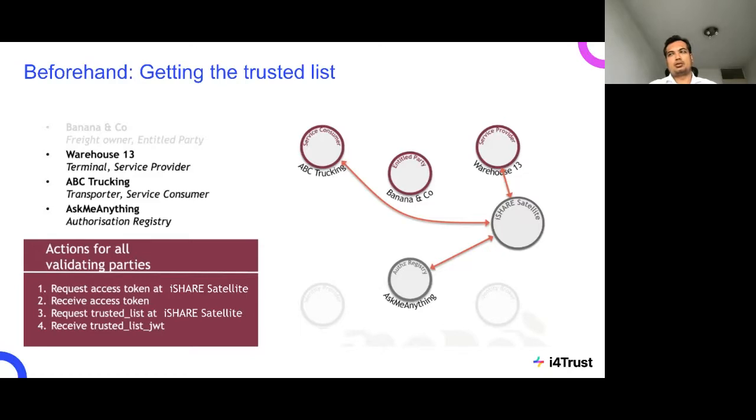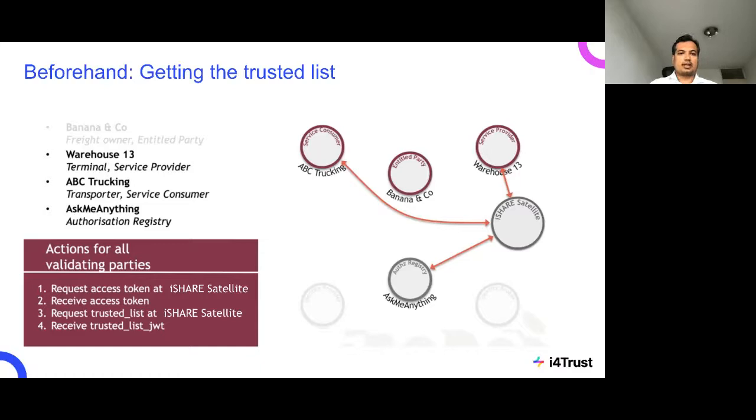Because the trust provider, as I mentioned, relies on eIDAS certificates, and we maintain a list of certificates and the root authorities in the satellite. So every participant, as a first step or on a regular basis, first needs to get a trusted list from the satellite, and it can cache that list, or it can, of course, request it multiple times, but ideally it should be cached, because adding and deleting of root authorities is not a very frequent exercise.